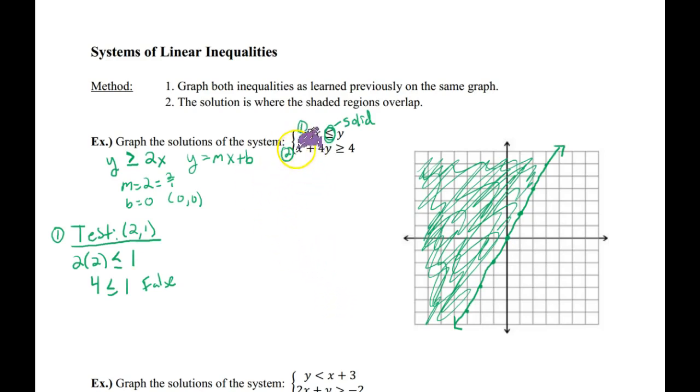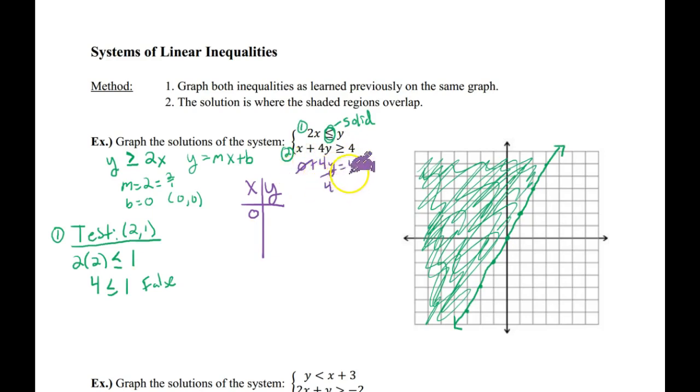I look at the coefficients of 1 and 4. They would both divide evenly into this 4, so I'm going to go ahead and do that with the x and y intercepts.